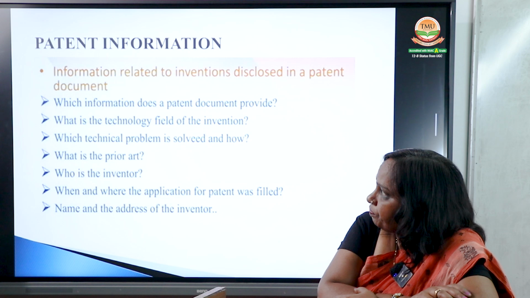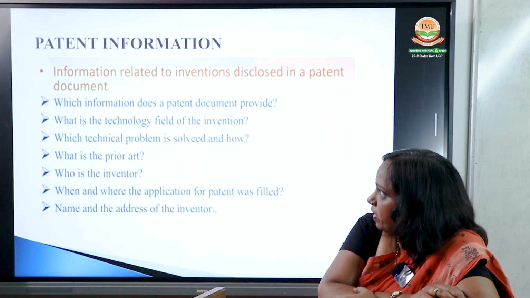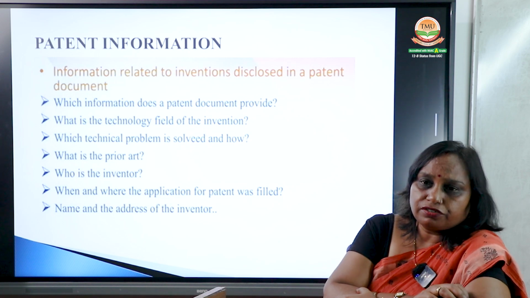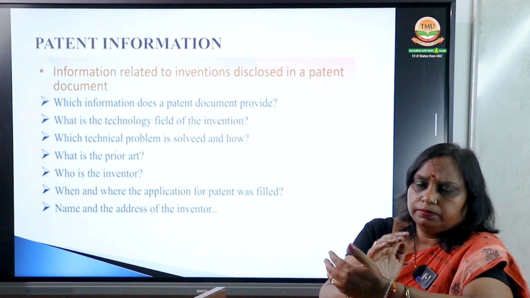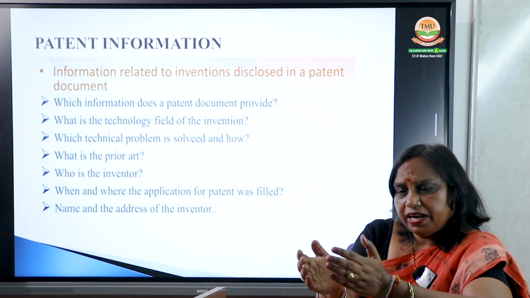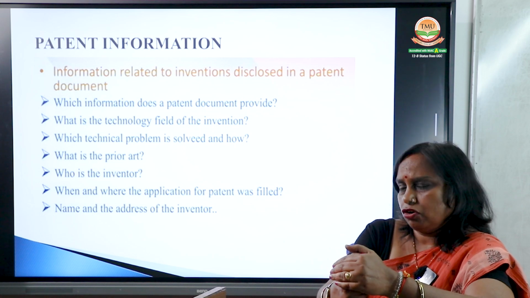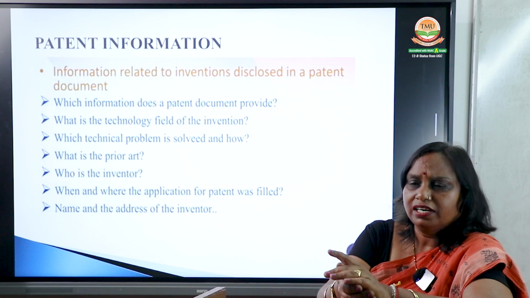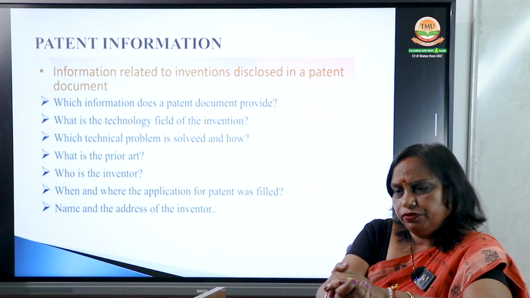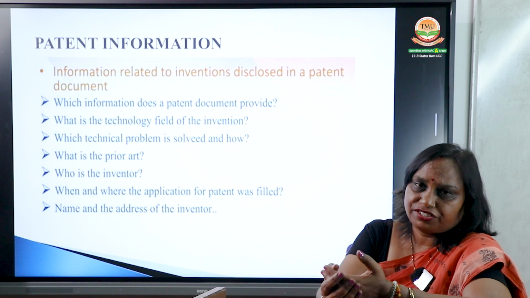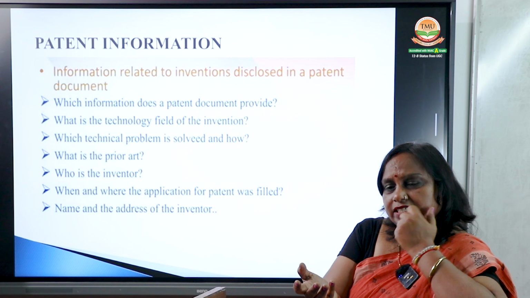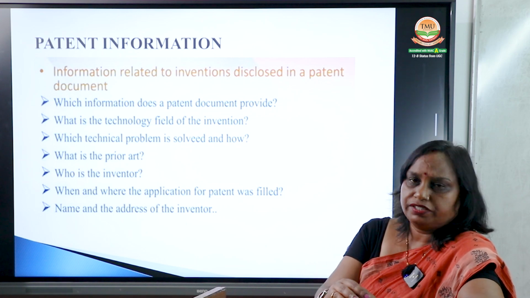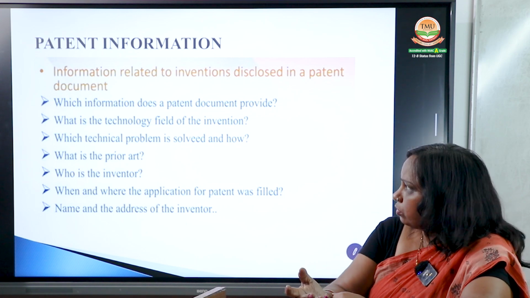So first thing is the information a patent document provides. First of all, whatever documents you want to furnish for applying for the patent, you have to mention all those documents, like documents related to your ID proof, document may be the specification, document may be any other thing which is required by the patent office. So you have to disclose all those things.